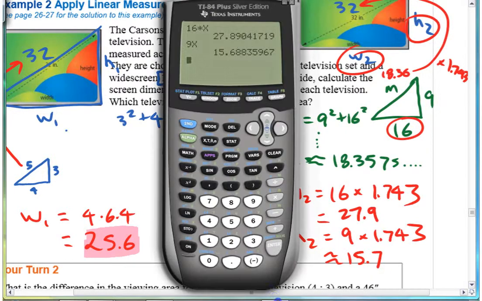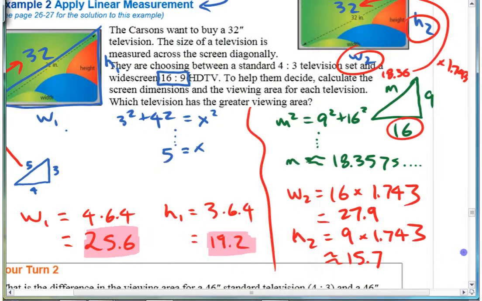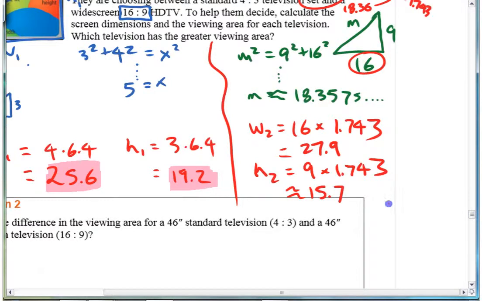If I want the area, I can do that number times 27.89, let's call it. That's the area of the 16 by 9 television, 437 roughly. 437.5. This is an involved question, you realize that.